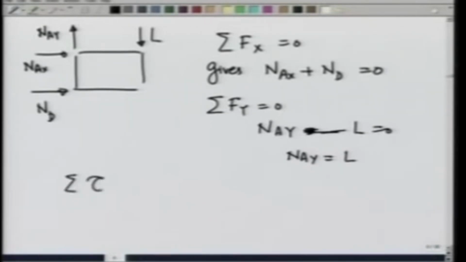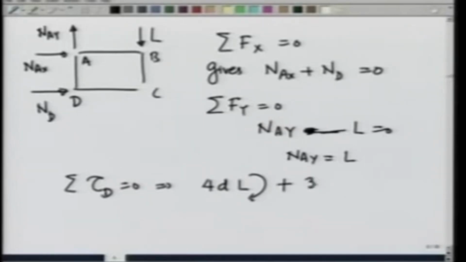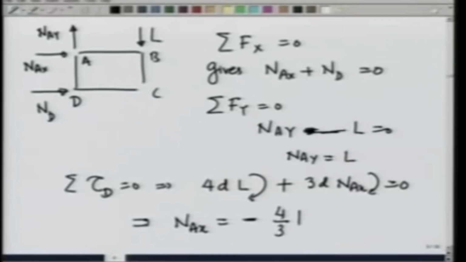Summation torque about D is equal to 0 gives 4D times L clockwise plus 3D times NAX also clockwise should be 0, and this implies that NAX equals minus 4/3 L, and the minus sign tells you that its direction should be this way.